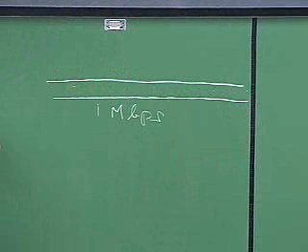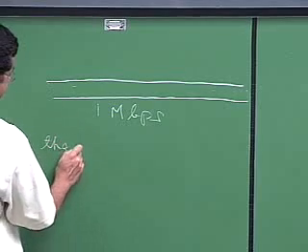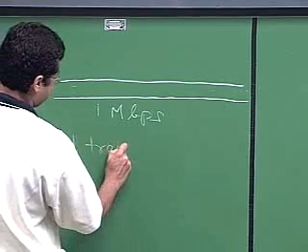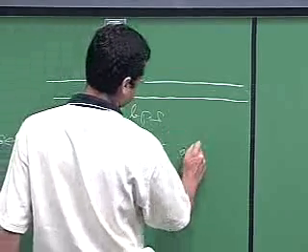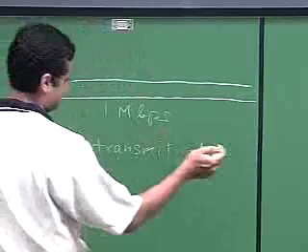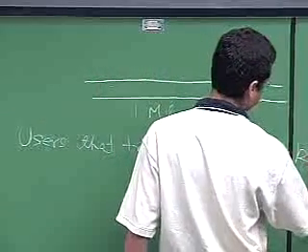Let's say you have users that transmit at 100 kilobits per second.